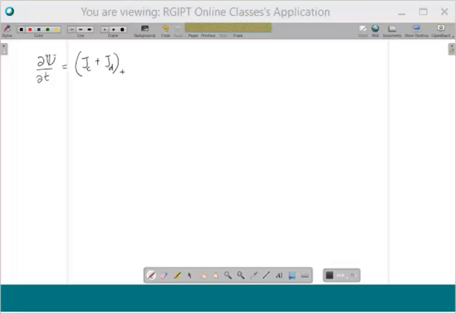Jc plus Jd at x. This is just a flux, so I have to account for the total quantity per unit area per unit time. So I multiply with the area it's crossing.